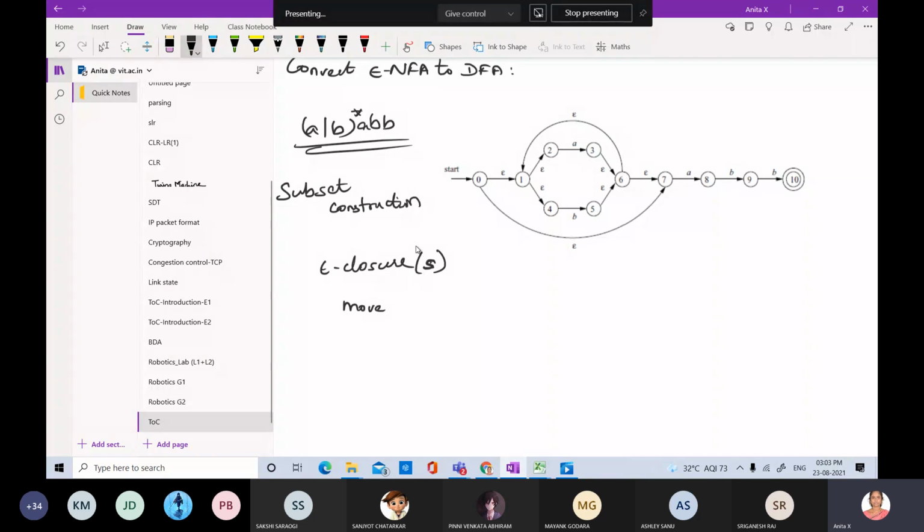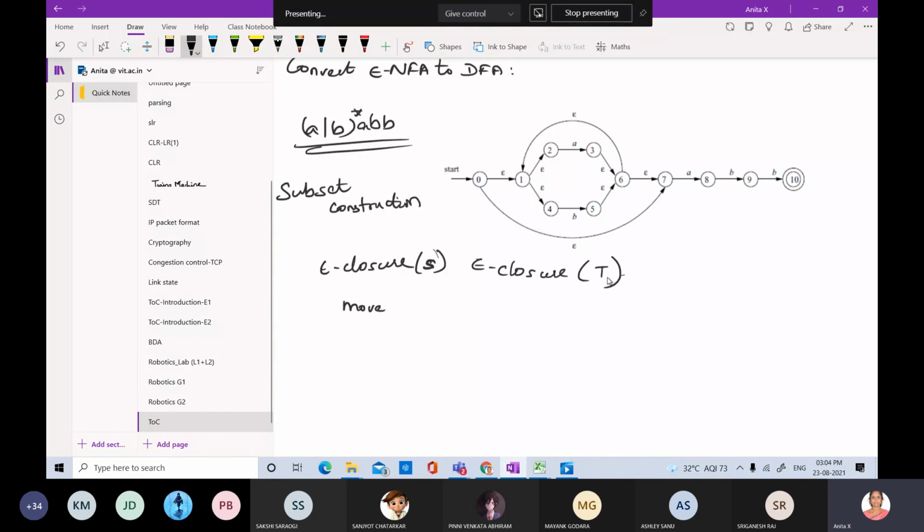The next functionality we will be dealing with is epsilon closure of capital T. Here s is a single state, and T is a set of states.